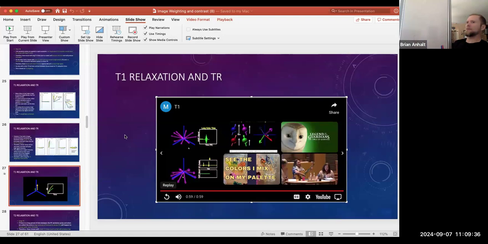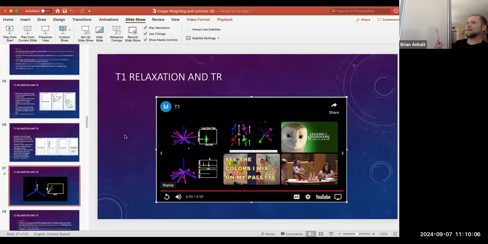Longitudinal recovery happens at different rates. We have to have longitudinal magnetization to create transverse magnetization. So if we excite and we wait a short period of time before we excite again, tissues with quick T1 times are going to recover and have a larger longitudinal component than tissues with very long T1 times.